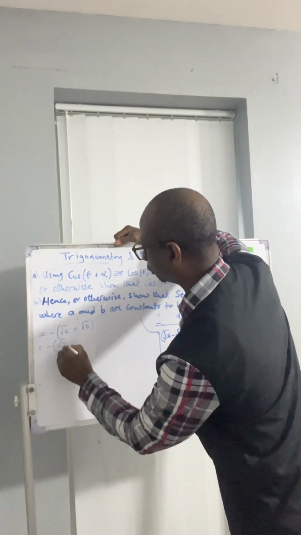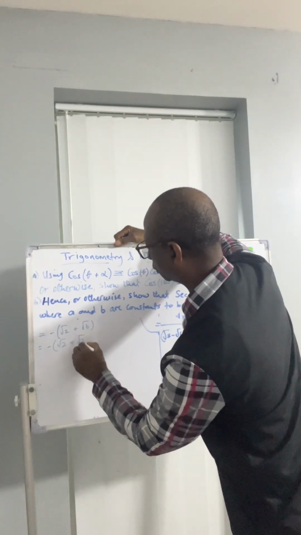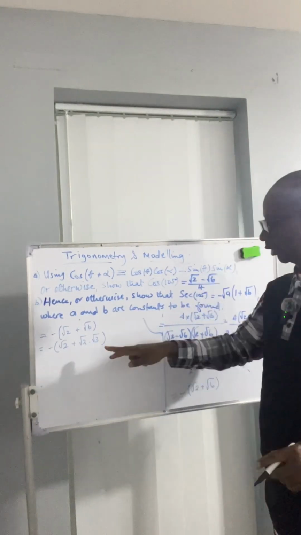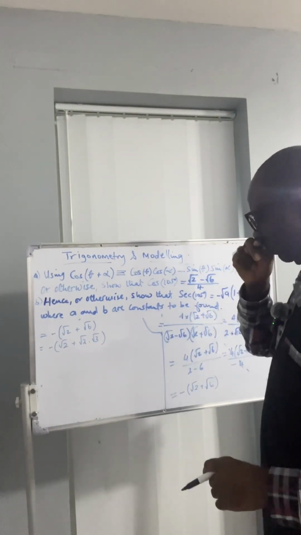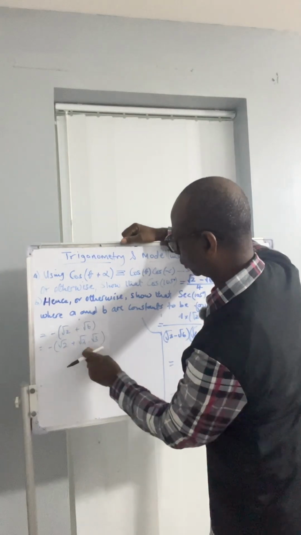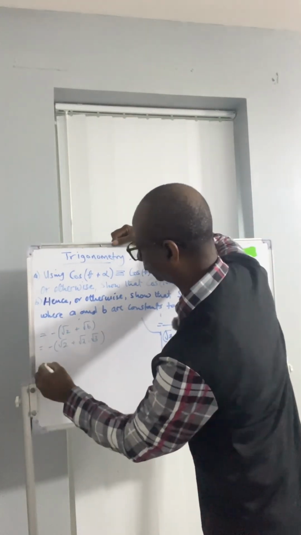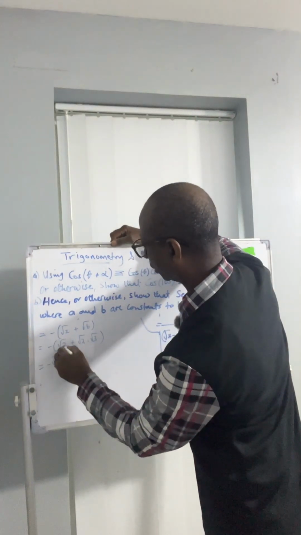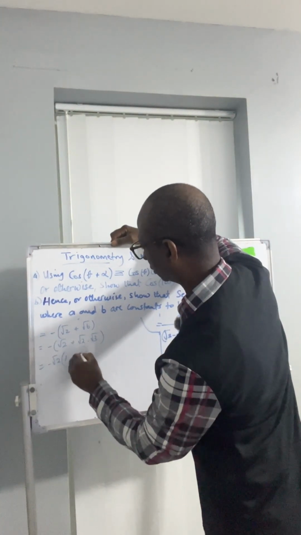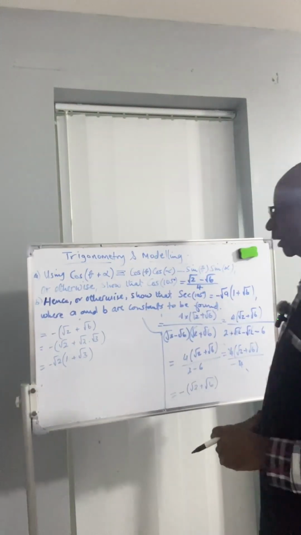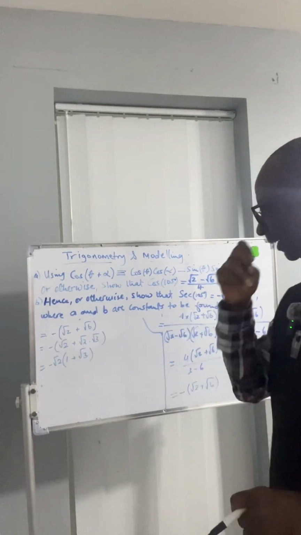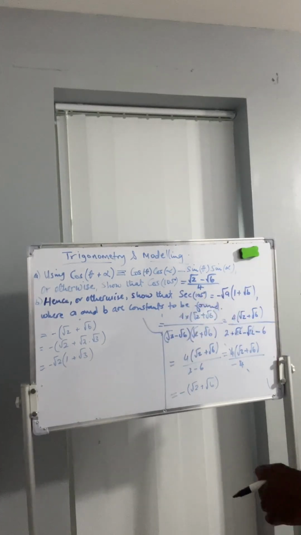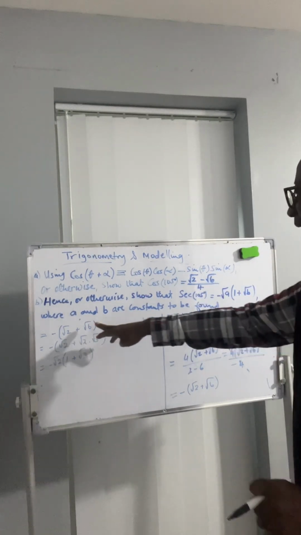This gives us root 2 plus root 2 times root 3. Root 2 times root 3 is root 6. You know that. So we now have root 2 here, root 2 here, so we can factorize root 2. So this will give us minus root 2 into 1 plus root 3. We take the root 2 out, 1 will remain.